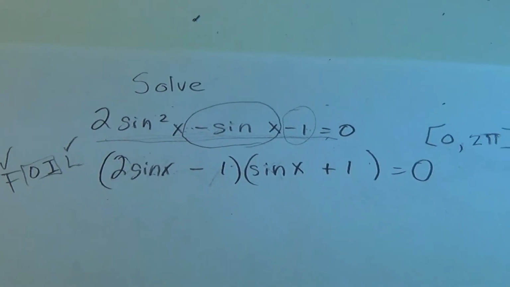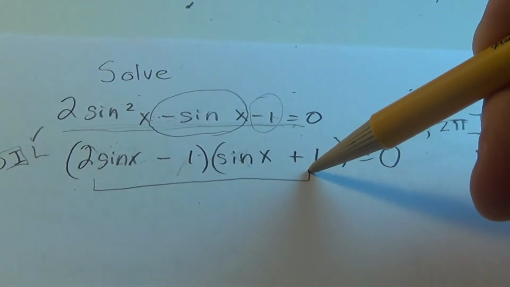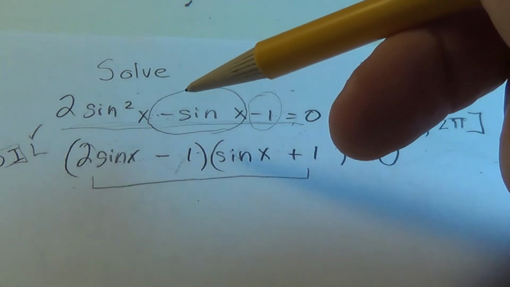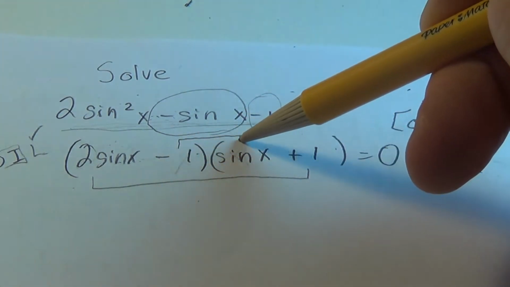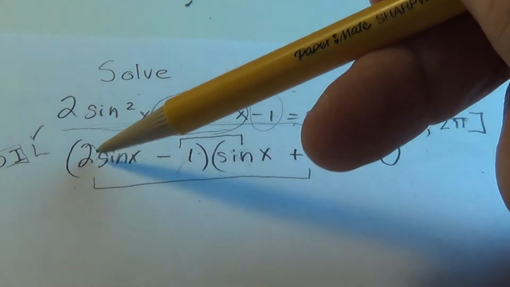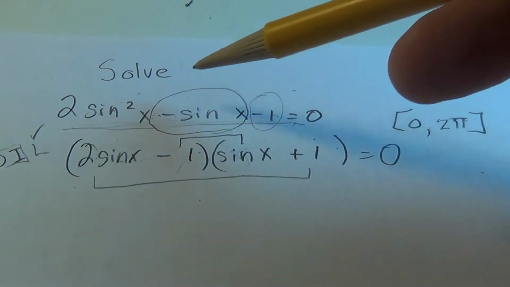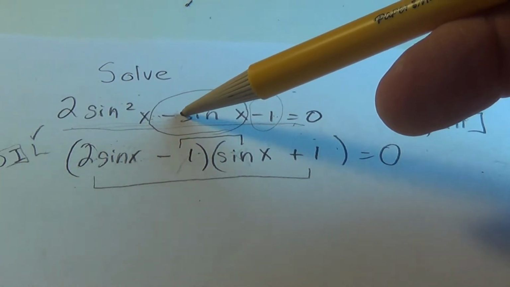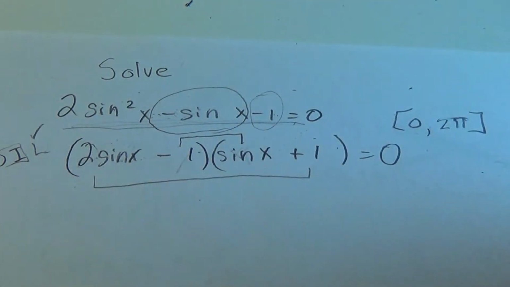So let's see. Our outer product is these two things multiplied together, which gives you 2 sine x, and the inner product minus 1 sine x. So what's 2 sine x minus 1 sine x? It is a positive 1 sine x, and we needed a negative. So we have failed to factor this correctly.